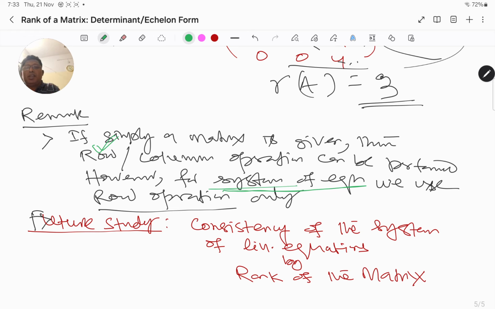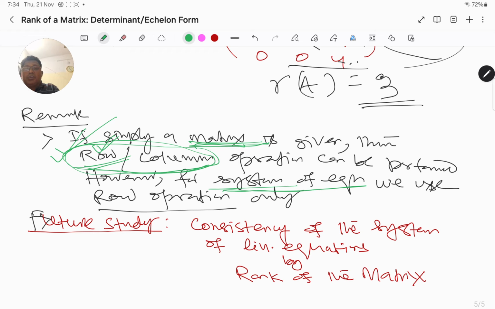But for rank, we may use row as well as column operations. Okay, like row operations we can have column operations, but we generally use row operations. But if only a matrix is given, if simply a matrix is given, then we may use row operations as well as column operations, whichever is convenient.